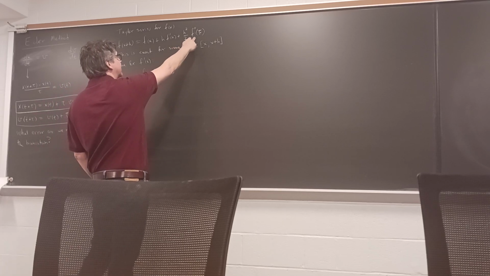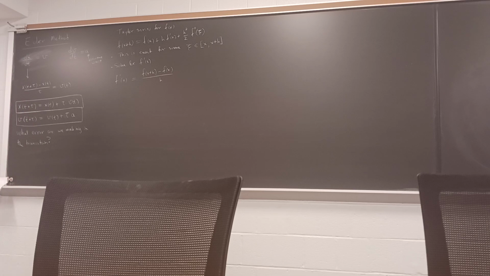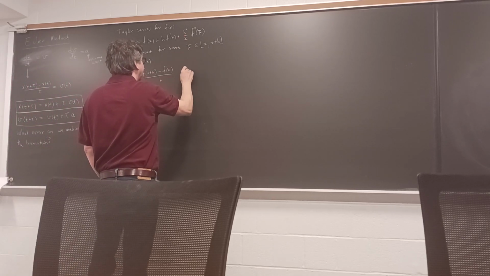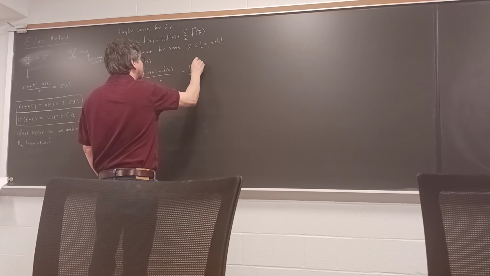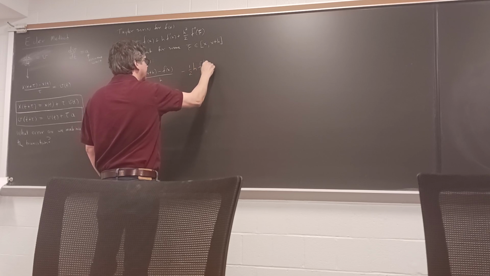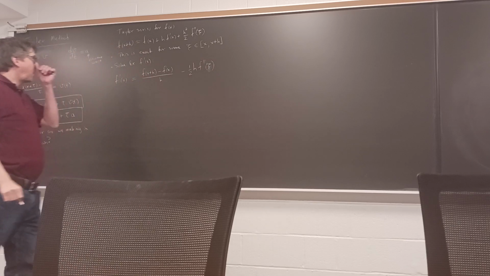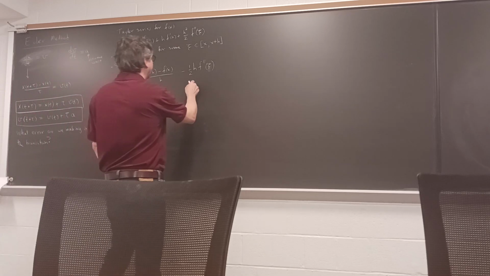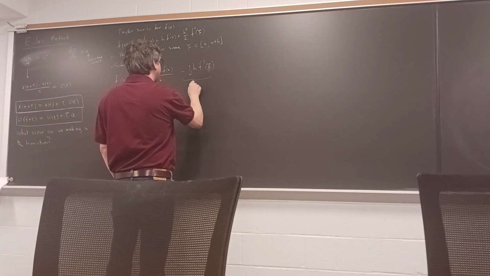And if I move this term that has the h squared to the other side and then divide by h, I'll have minus 1/2 h f double prime of zeta. Okay? And this is the piece that we're going to drop. We're going to truncate this.